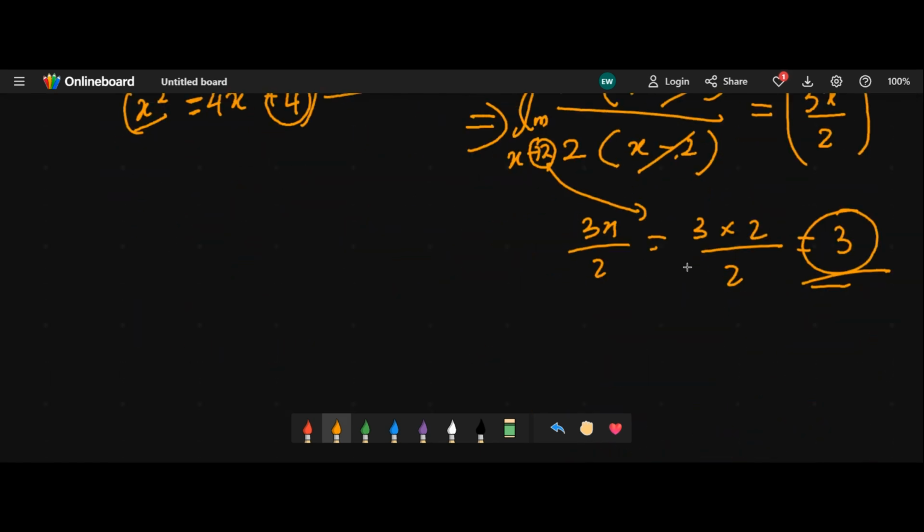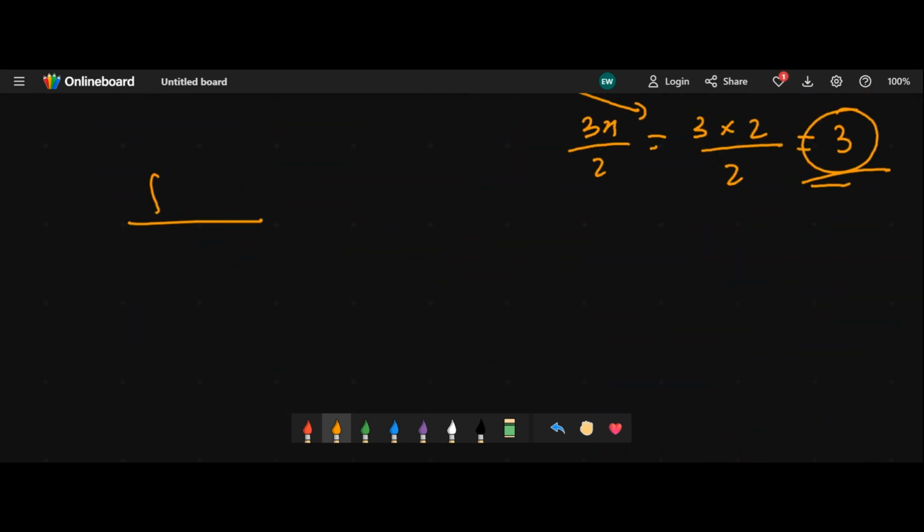So the L'Hopital rule tells that, for example, there is a function in the numerator and another function in the denominator. If limit x approaches a number, any number, we'll put that as a. The L'Hopital rule tells that if you directly substitute this value and you are getting 0 by 0, or infinity by infinity, don't panic.